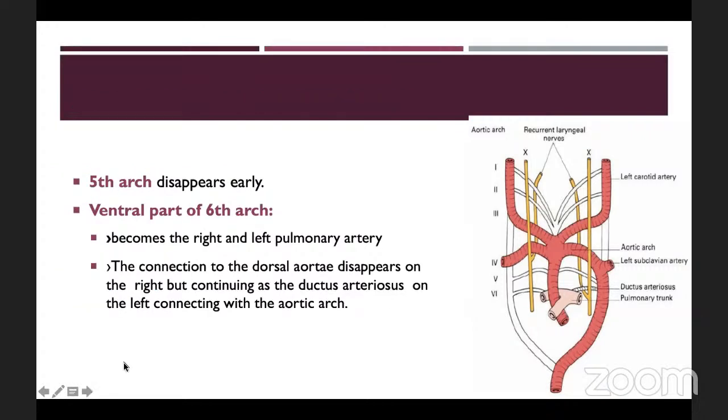The fifth arch also disappears early, and the ventral part of the sixth arch becomes the right and left pulmonary arteries, and the connection to the dorsal aorta disappears on the right, but continues as the ductus arteriosus on the left, connected with the aortic arch.